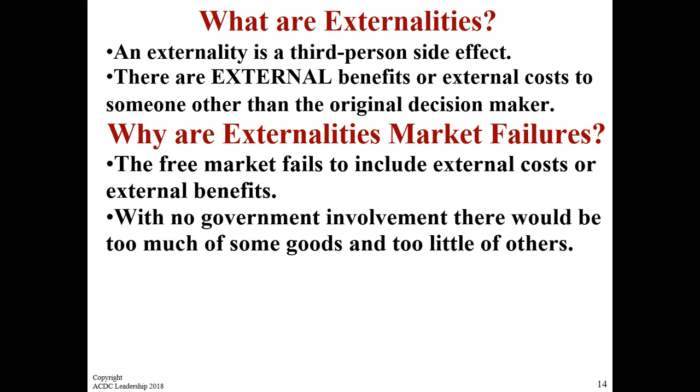In a negative externality, you produce too much. Like pollution: when companies make products, they don't put the price of pollution into the cost of that product because they're not paying to clean it up. So with a negative externality, you probably produce too much.